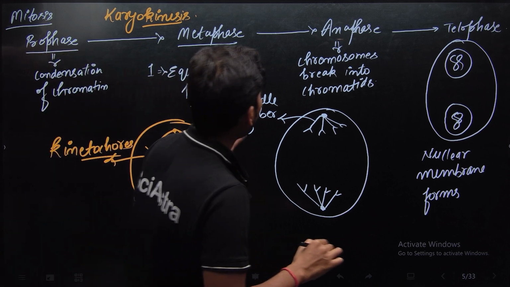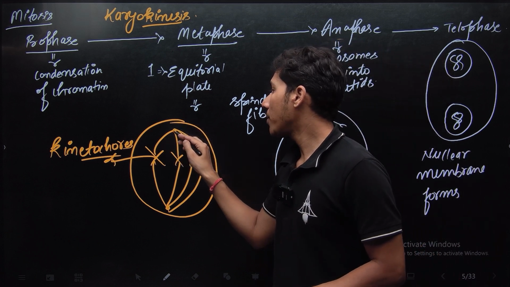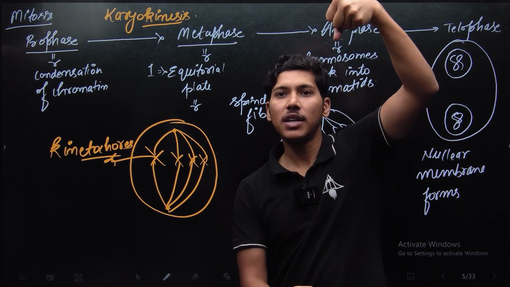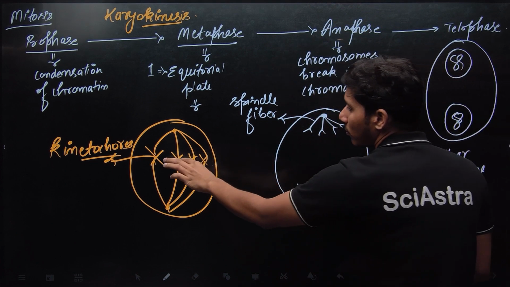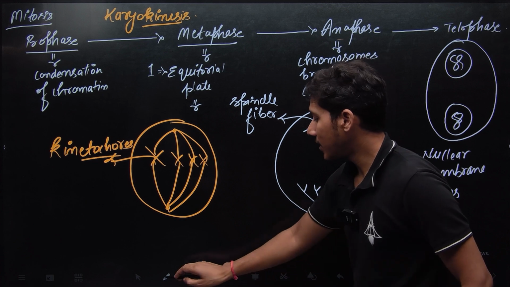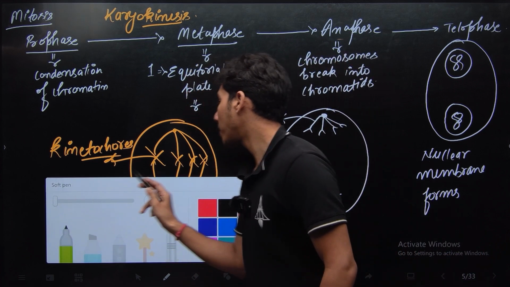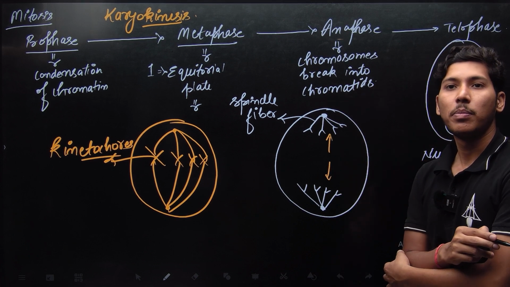Clear? And in anaphase, these spindle fibers, which were formed by the centrioles, actually split the chromosomes into 2 chromatids. So one chromosome is divided into 2 chromatids, and these 2 chromatids start to move to opposite poles.